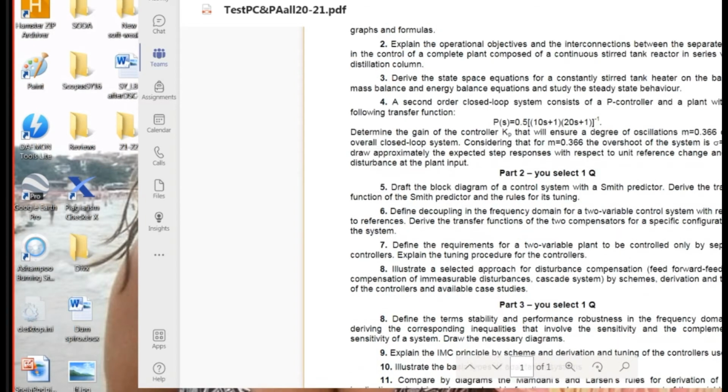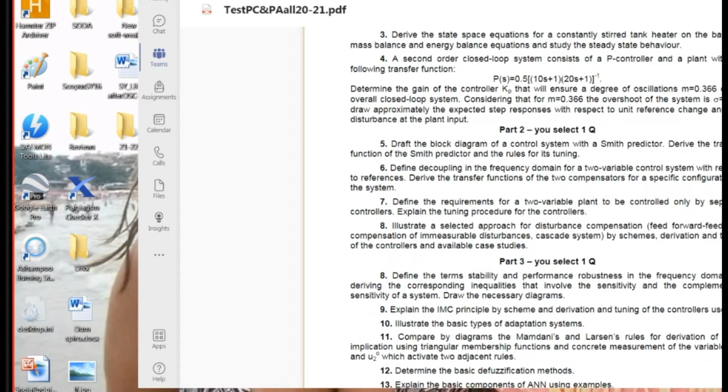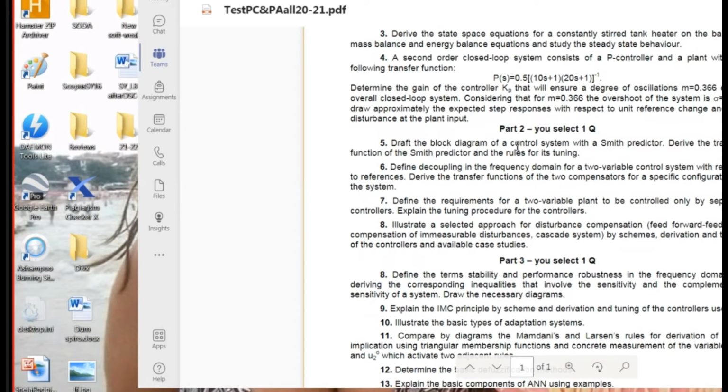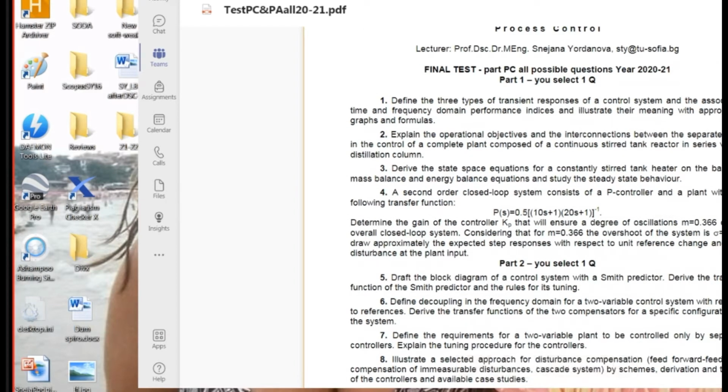So you can use also, it's not necessary, we are not limited to one part. You may decide to make a presentation from each part. So in the first 2 weeks, we'll speak about part 1.